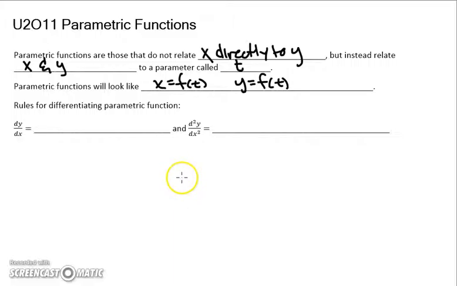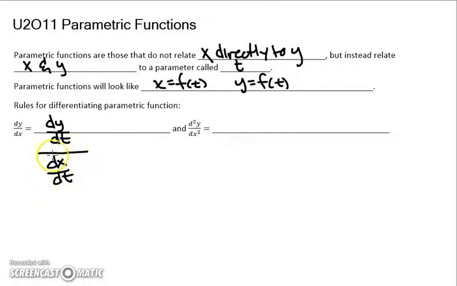So the rules for differentiating parametric functions. We still want to know what dy/dx is. The problem is we don't have y in terms of x, right? This is the derivative of y with respect to x. What we can do is take the derivative of this piece, which would be dy/dt, and divide that by the derivative of this piece, dx/dt.